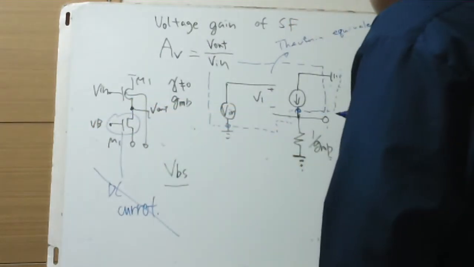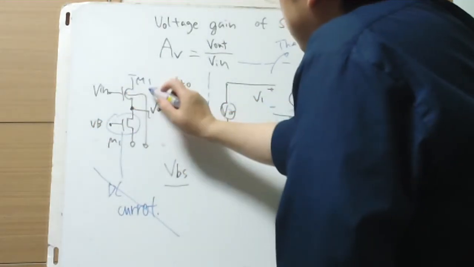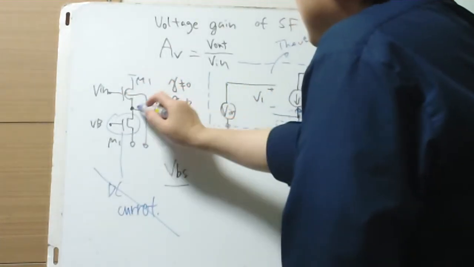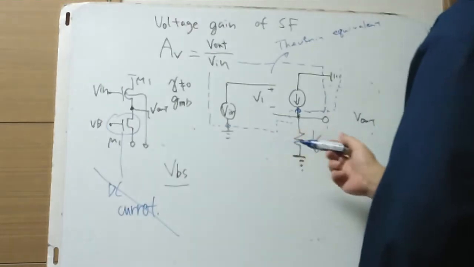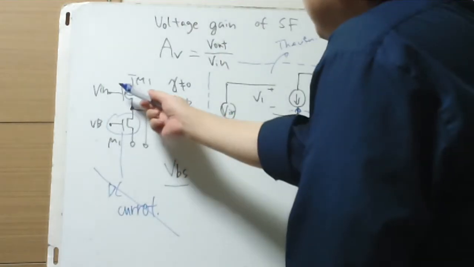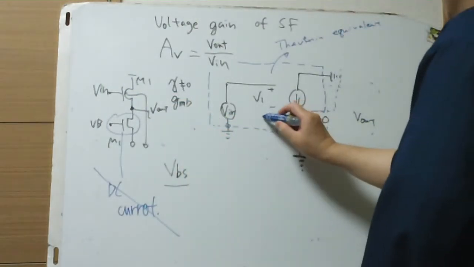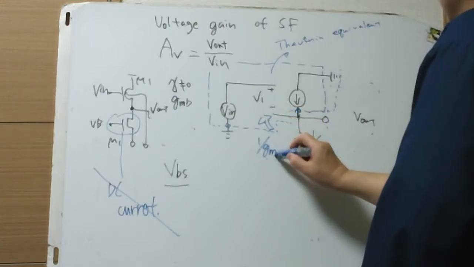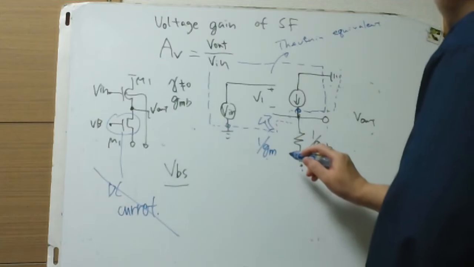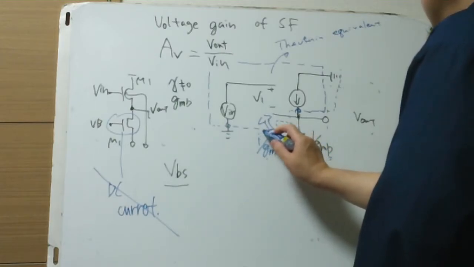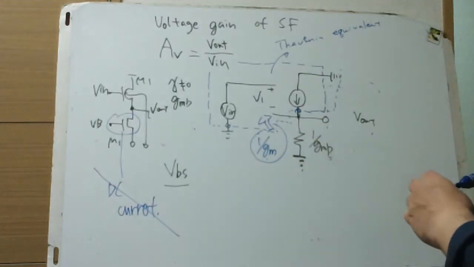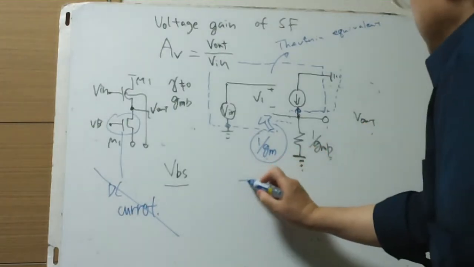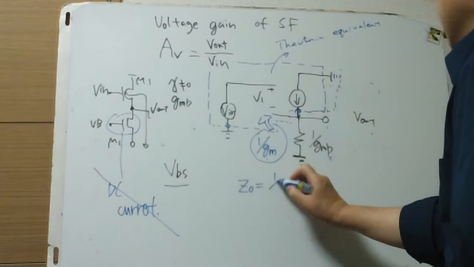Looking at V out, the contribution to the resistance is just M1. So M1 looking into the source has 1/gm resistance. This is one of the rules of thumb. So Z out equals 1/gm.